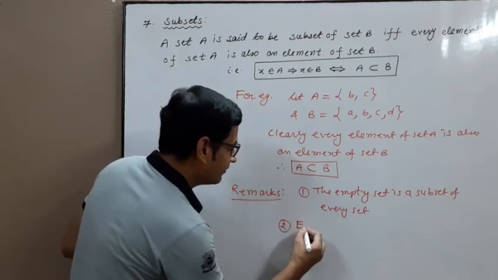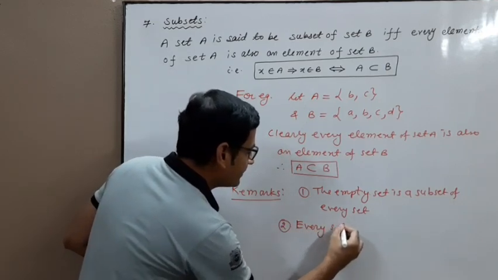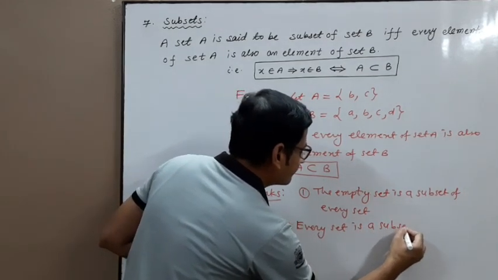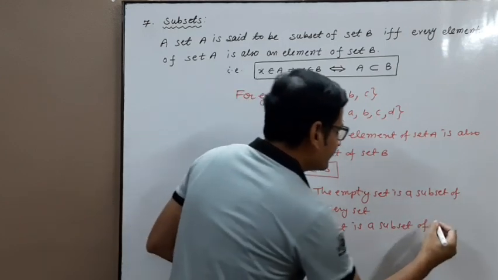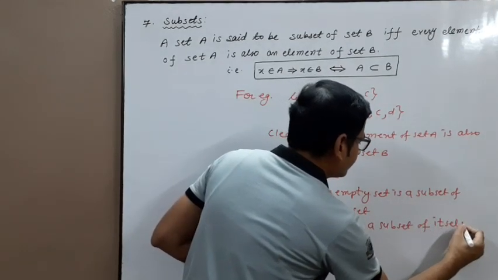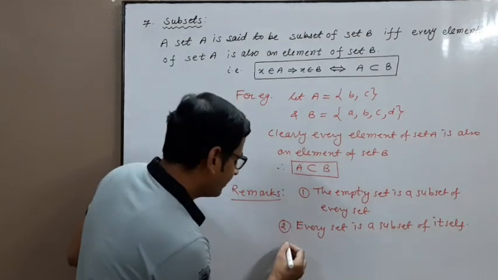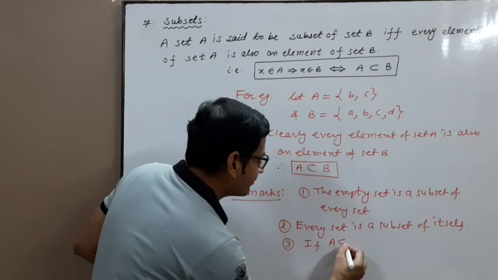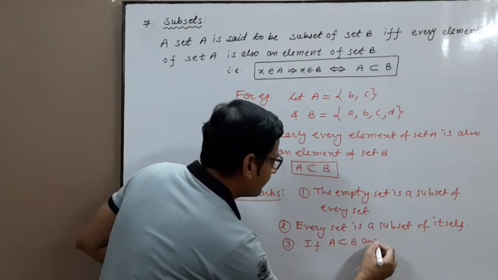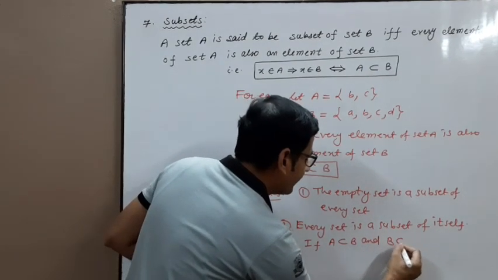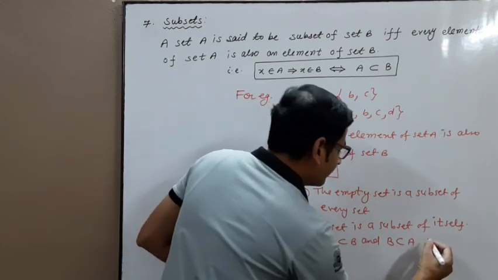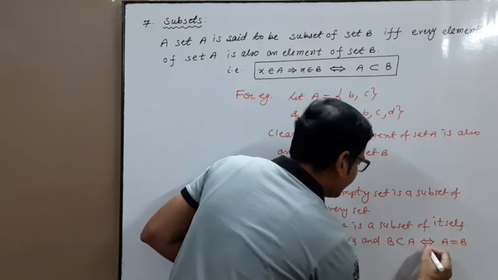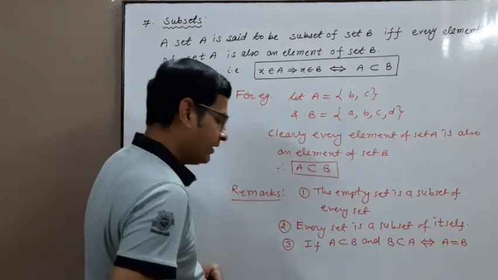Second, every set is a subset of itself. Third, if A is a subset of B and B is a subset of A, implies A equal to B, or we can write if and only if A equal to B.